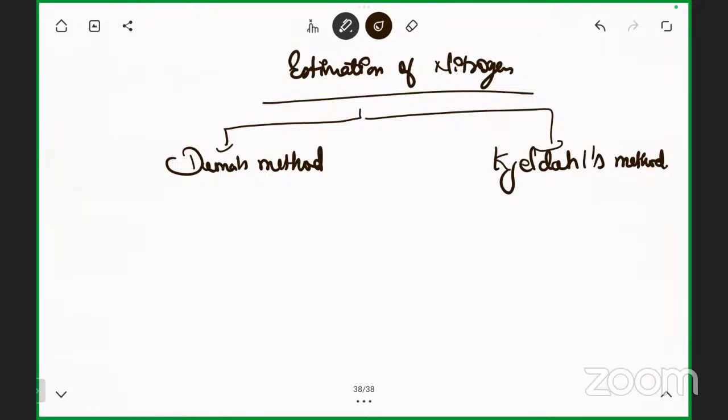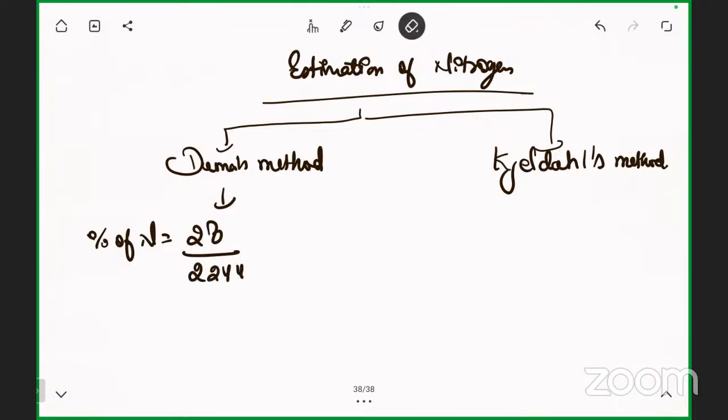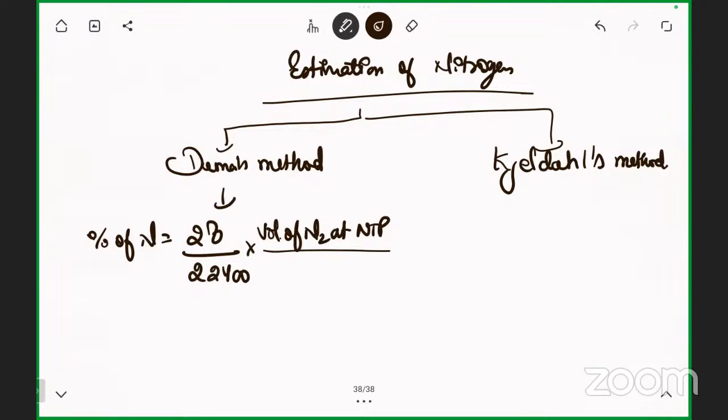For the Dumas method, directly just use the formula. There's a long explanation for this, and I don't think that is necessary. Just because we have to go for the formula right now, just do the formula. Percentage of nitrogen according to Dumas will be 28 divided by 22400 into volume of N2 at NTP. NTP is normal temperature and pressure.